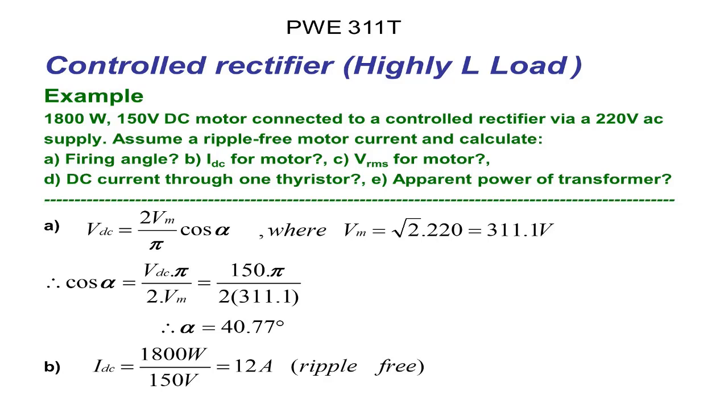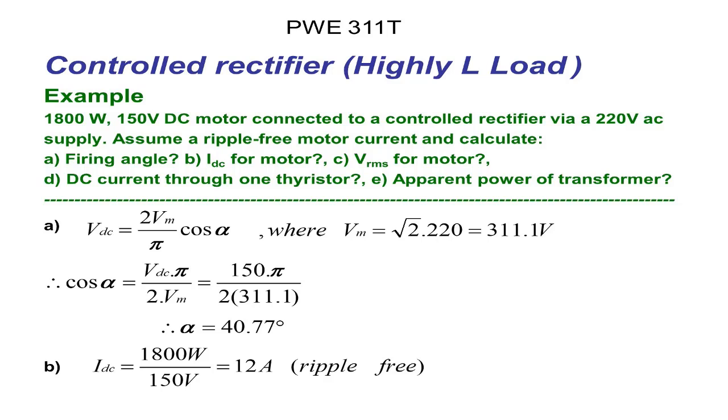And the next is to calculate IDC. If I know the power, the PDC, which is 1,800, and I know the voltage as 150, I know that power is IV, or I squared R. But since I know V already, we can just say IDC is P over V, which is 1,800 over 150.